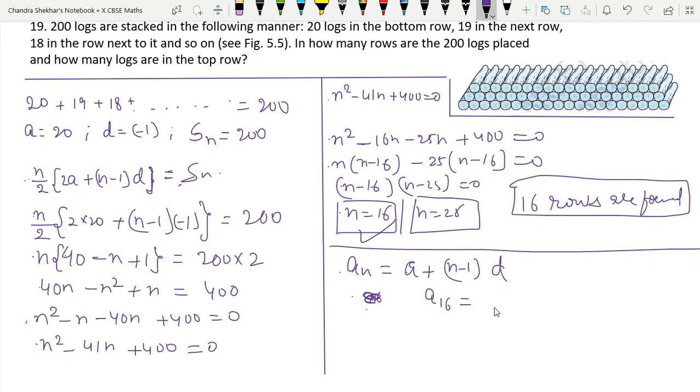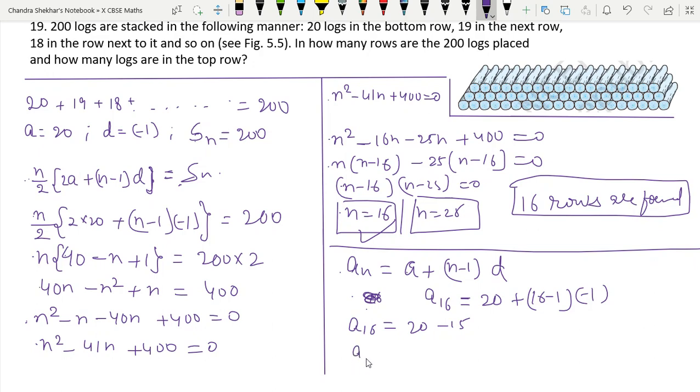Is it 20? Yes, sir. 20 plus 16 minus 1, and what is d? Minus 1. So a16 is equal to 20 plus 16 minus 1, which is 15. 15 into minus 1 is minus 15.